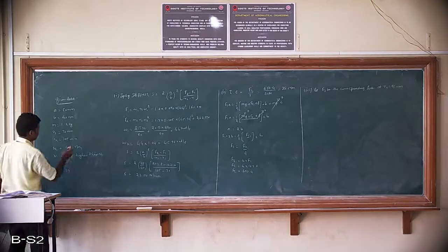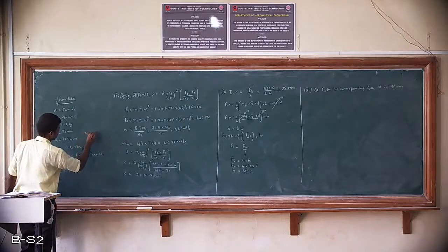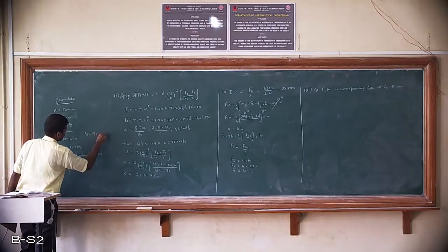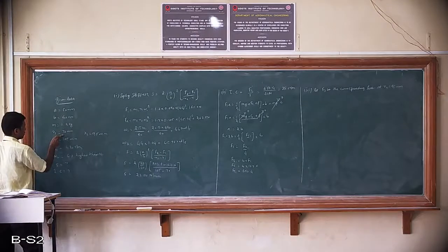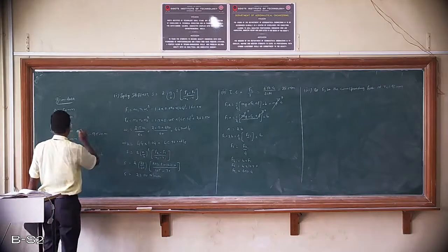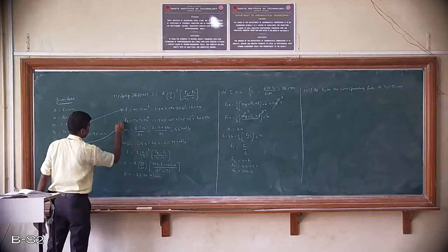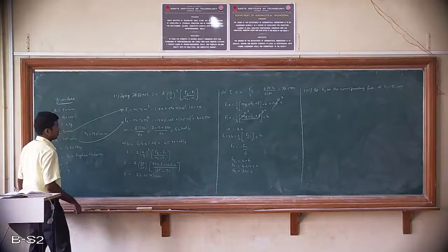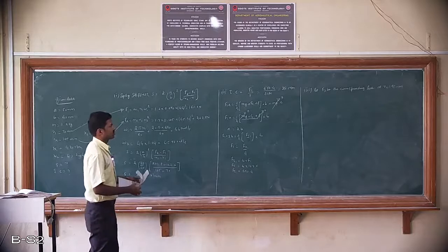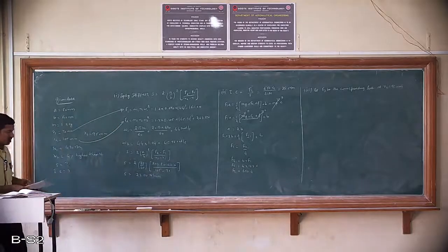So another radius of rotation is given, that is R3 is equal to 95 mm. So for radius R1, the corresponding force is F1. For radius R2, the corresponding force is F2. And similarly, for radius R3, let F3 be the corresponding force.